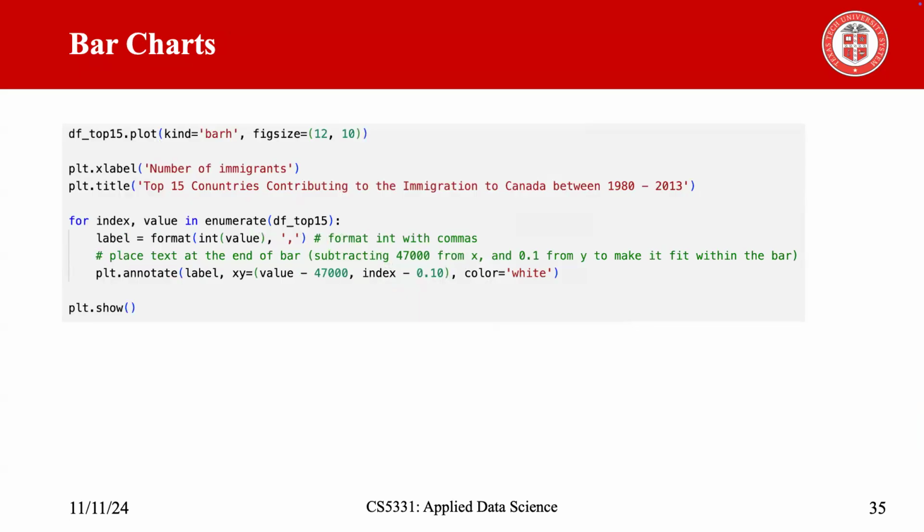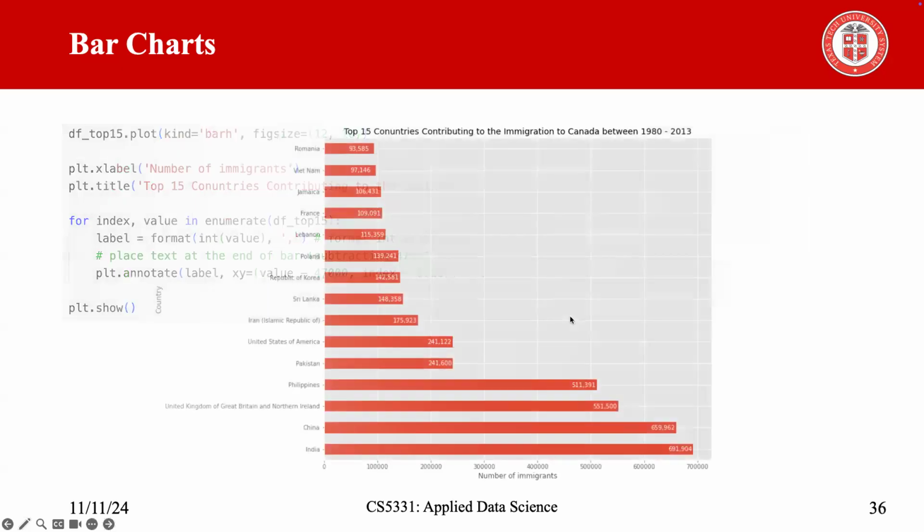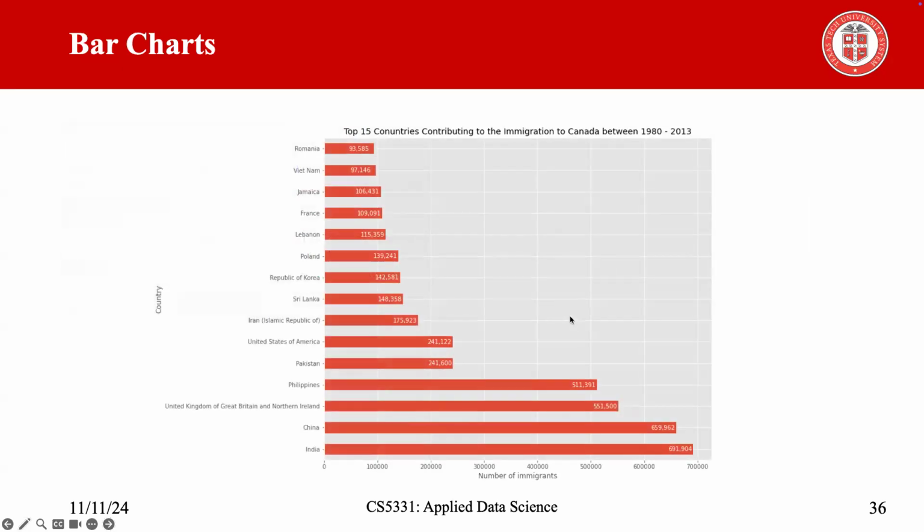Sometimes we may also have to draw the data horizontally, so we can slightly change it. We change the kind to barh. Here the h means it is a different rotation, and we can draw a figure in a different rotation.